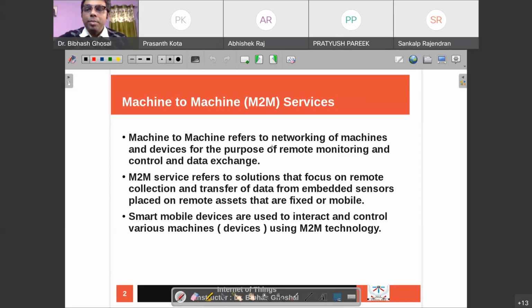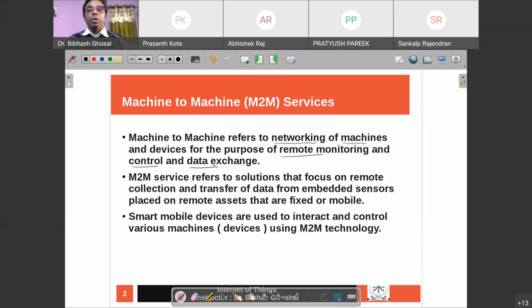So it's nothing but a network of machines. It's a network of machines whose purpose is remote monitoring, control, and data exchange. So you connect different devices, different machines, basically for monitoring purposes.